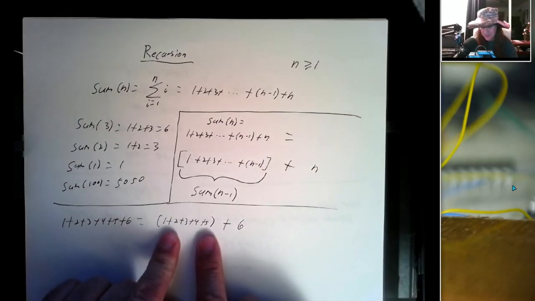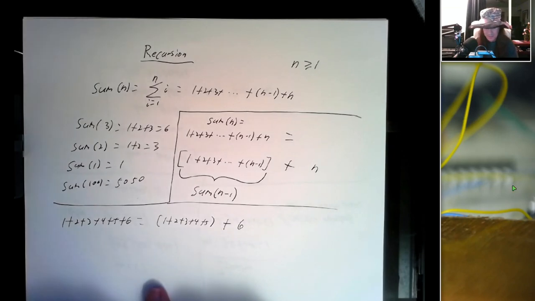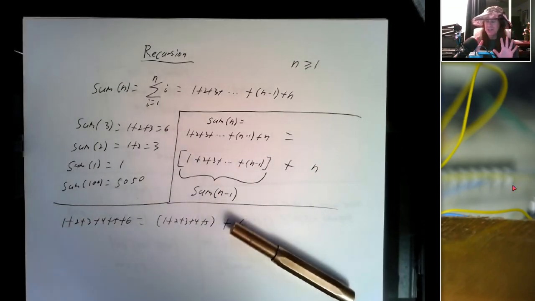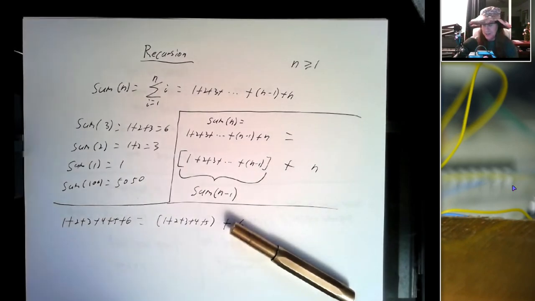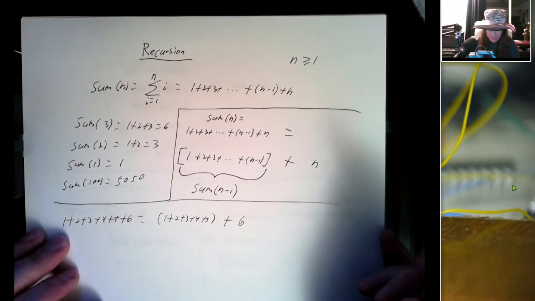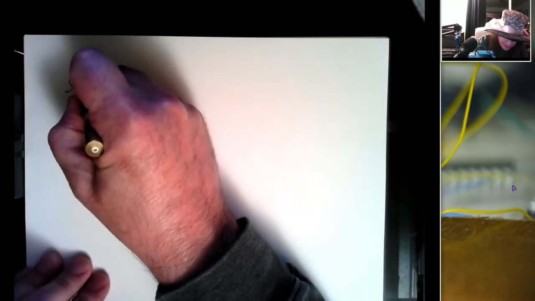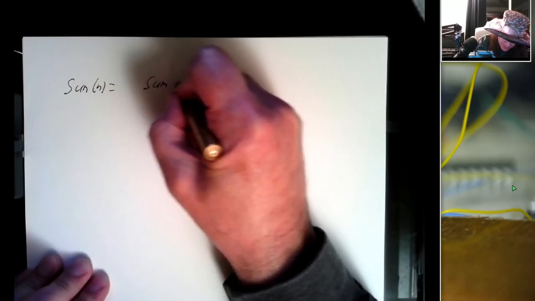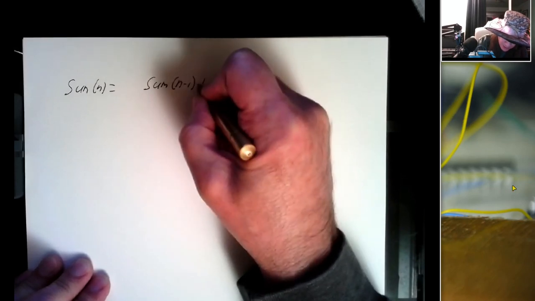Just take the sum of the first 5 and add 6. And if we had a way to calculate the sum of the first 9 integers, we could calculate the sum of the first 10. Just take the sum of the first 9 and add 10. So we start to see a different way to define our sum function, which looks like this. Sum of n equals the sum of the first n minus 1 integers plus n.